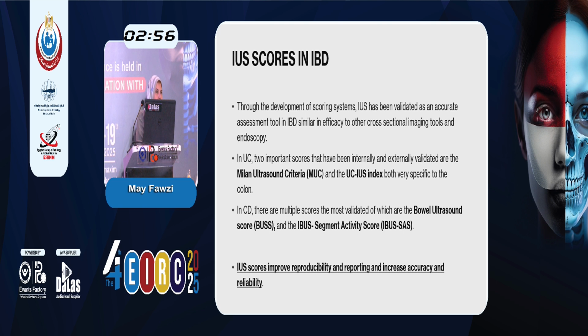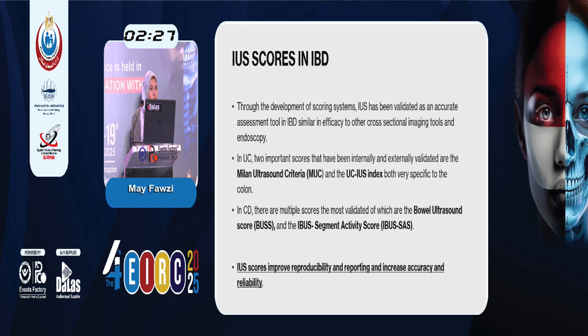Every cross-sectional imaging modality has a problem of being validated. To validate anything, you have to talk in the same language worldwide. This means we have to have scores, okay? So in IUS, we also have scores that are related to IBD. The most important and the most validated internally and externally are the Milan ultrasound criteria. It's the best for ulcerative colitis, and the IBUS-SAS score for Crohn's disease.